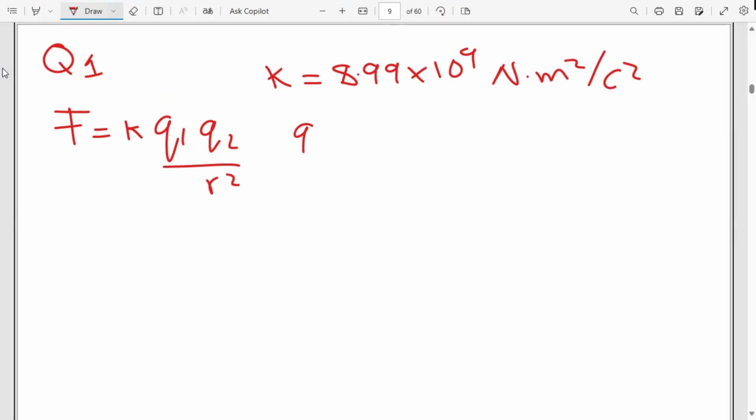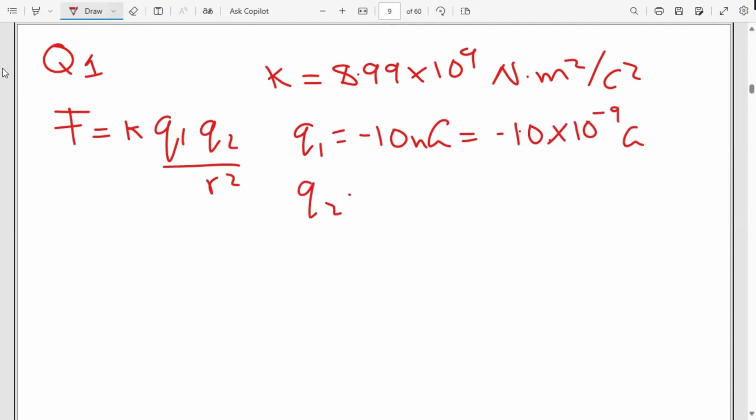Then we've been given the charge Q1, which I'm going to consider as the charge of the plastic sphere, equal to -10 nanocoulombs. This is the same as -10 times 10 to the power -9 coulombs.